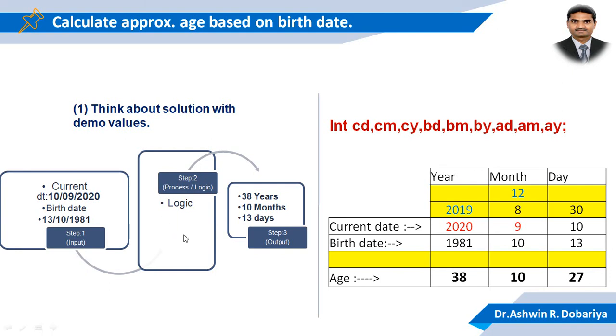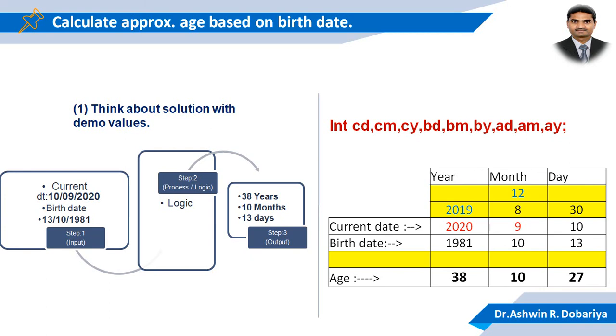Then the actual logic. Now this is very interesting: how we can calculate the age. Friends, one thing I want to make clear is that this logic does not consider leap years and months with 31 days. Here every month is considered to have 30 days. So finally the result may vary by maybe 4-5 days, but not more than that.